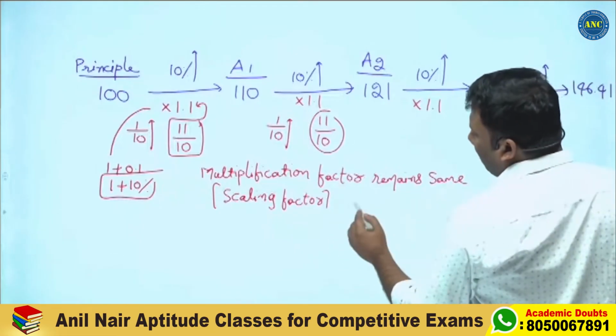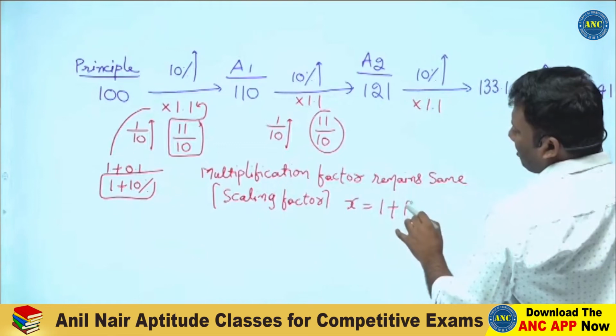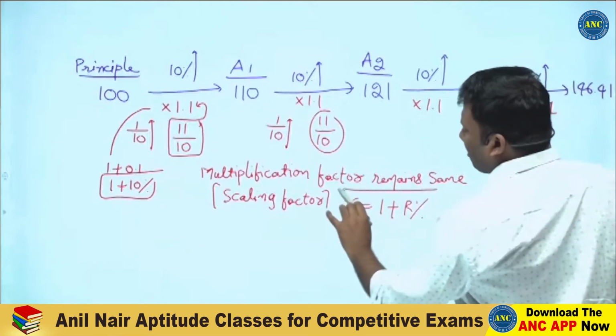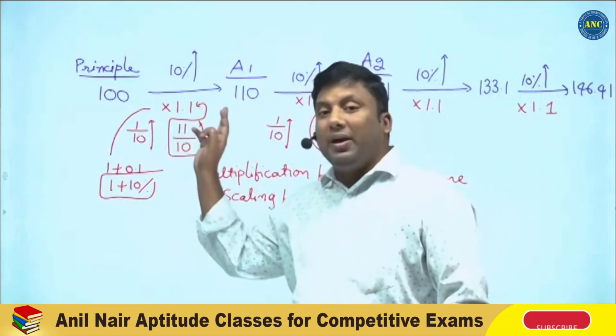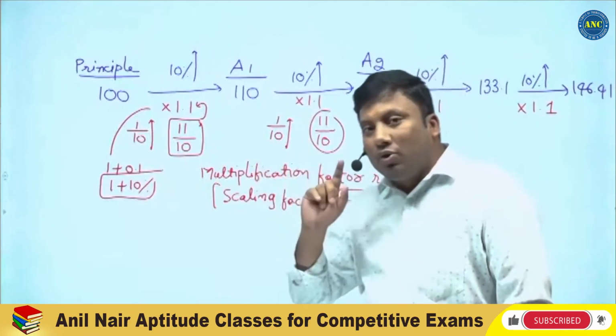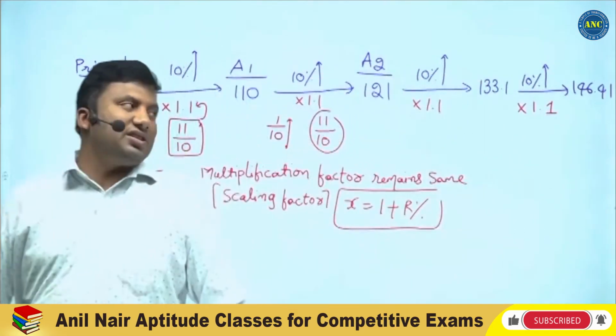That means the multiplication factor, let me call it X, can be written as 1 plus R percent. So from now onwards, whenever I am doing the multiplication factor, that is called 1 plus R percent.